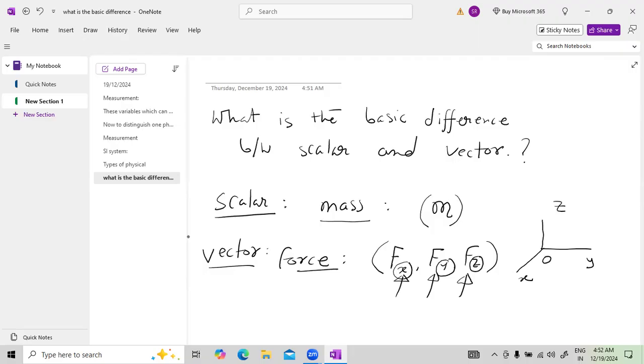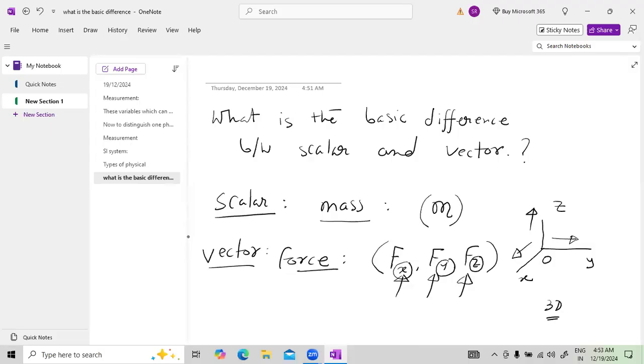It is a Euclidean three-dimensional system, and force has some amount in the x direction, some amount in the y direction, and some in the z direction.